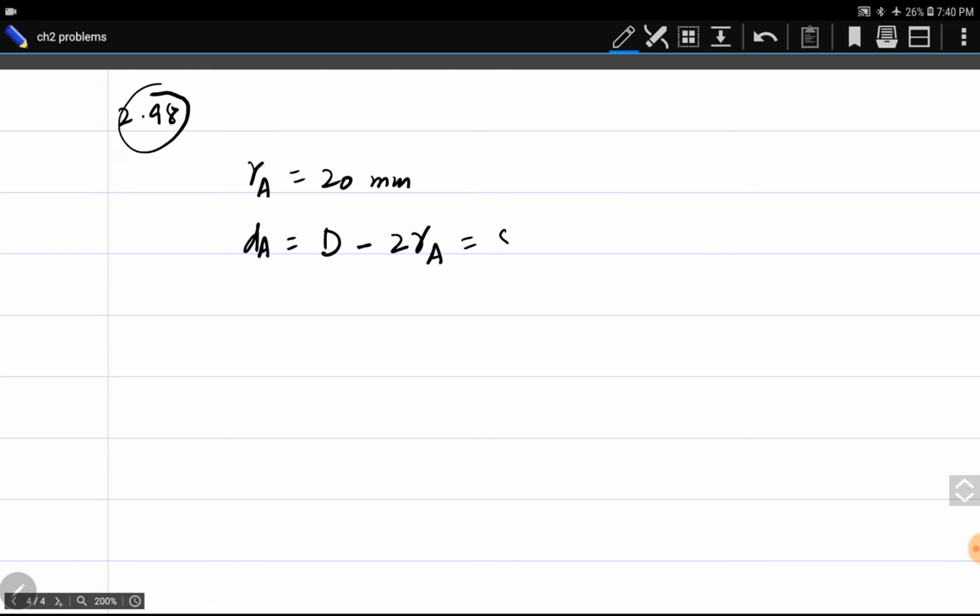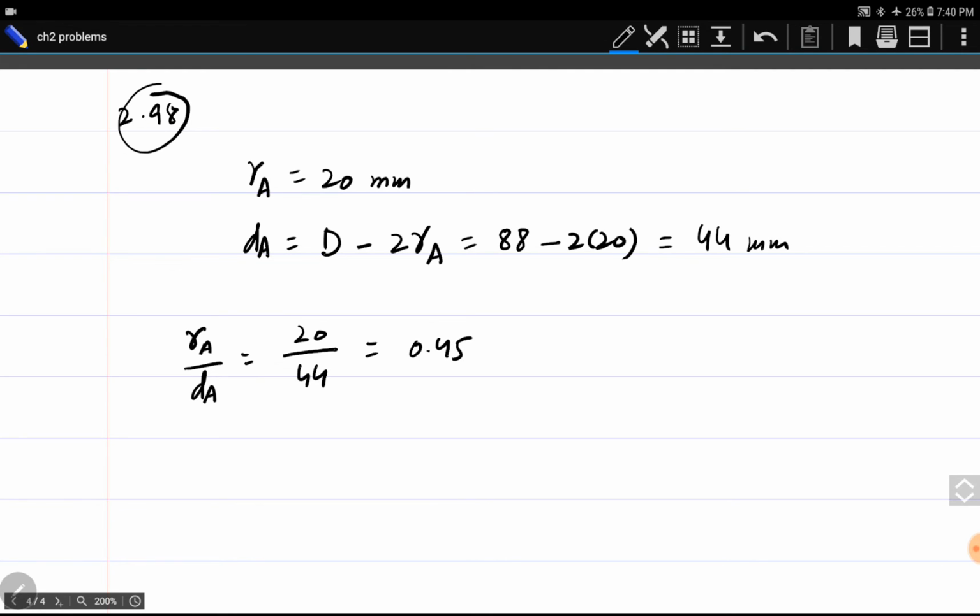So it becomes 88 minus 2 times 20. So small d is 48 mm. Sorry, 44 mm. Now we have to find the r by d ratio. r by d ratio is 20 divided by 44. It becomes 0.45.